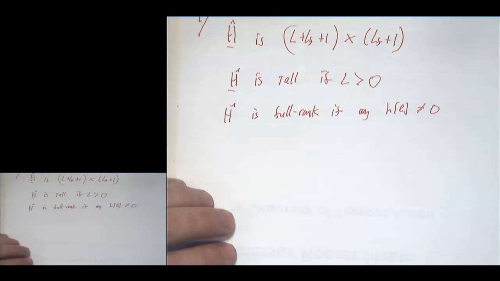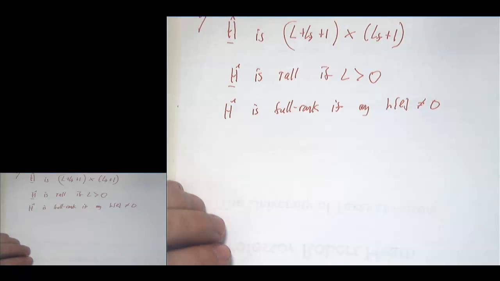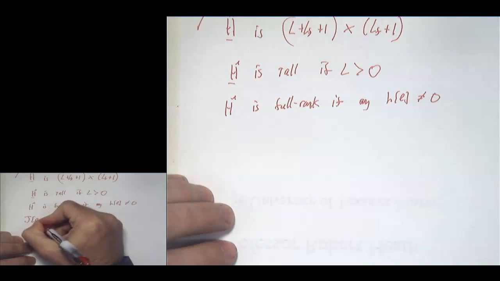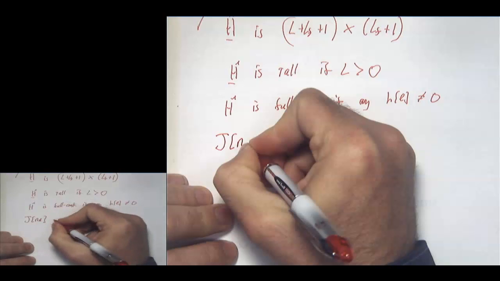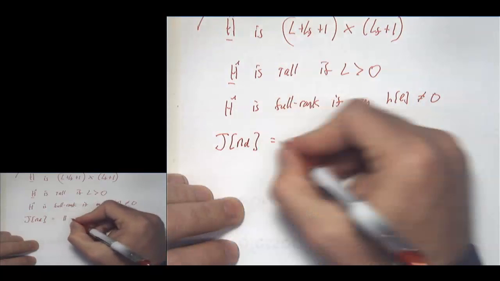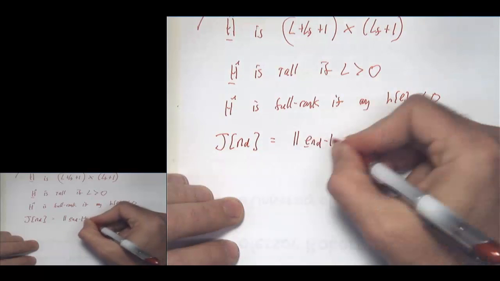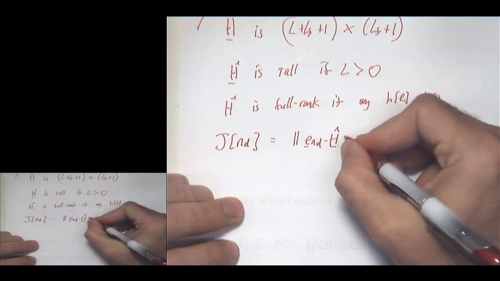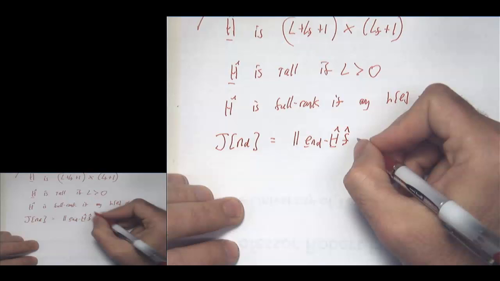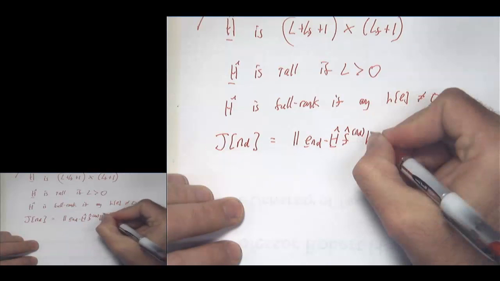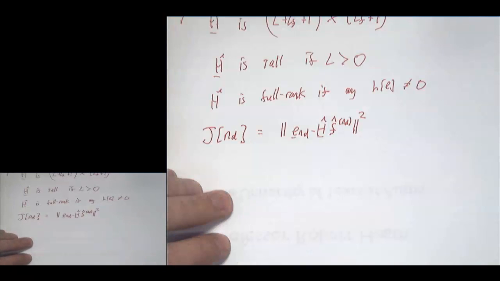So the last piece is how do we optimize this ND parameter here? Well, what we can do with the ND, if you wanted to optimize it, is we could look at this cost function here, which is an integer cost function, and we could just substitute in for this value of e of n minus H hat F hat here. And for that F hat here, I'll put an ND up here, squared.